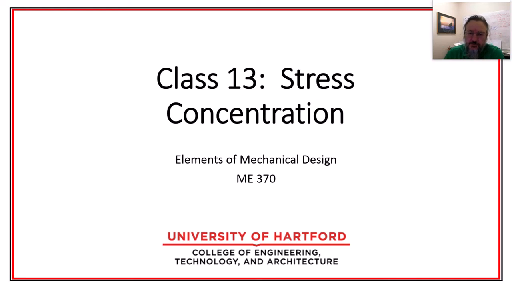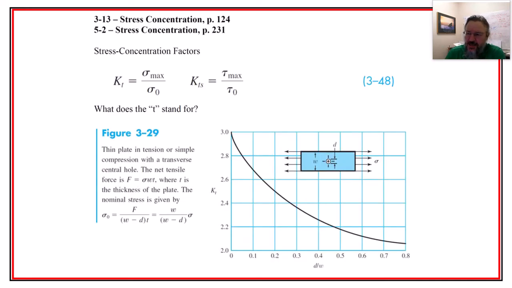So the big idea is that when there's a discontinuity in a piece, let's say, for instance, I take this piece of paper. Now first off, it doesn't have a discontinuity in it, and I pull on the paper, and we're fine.